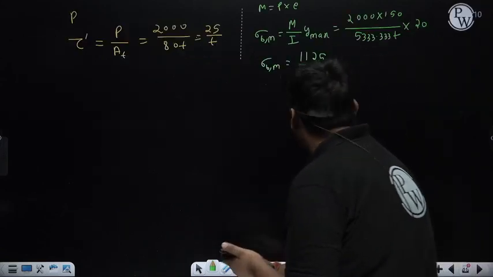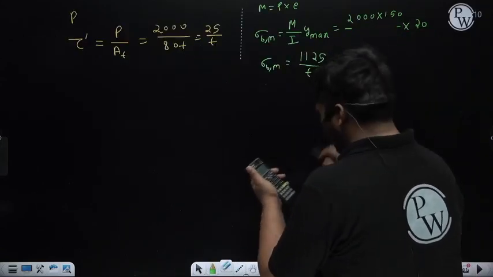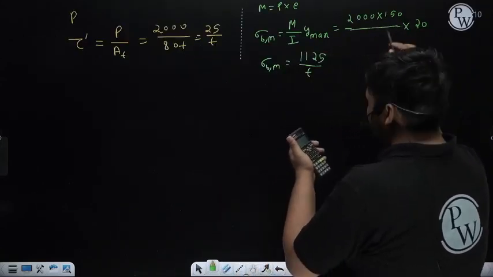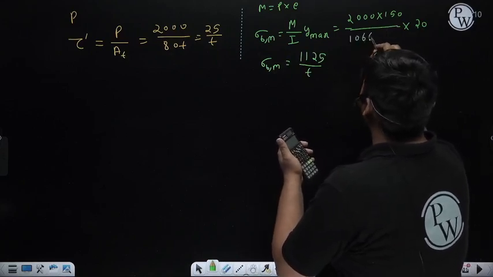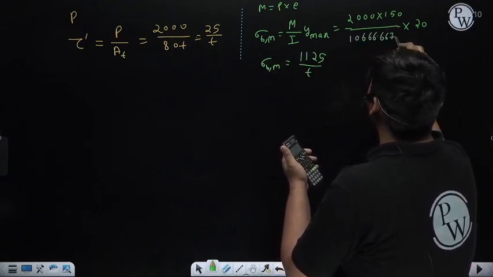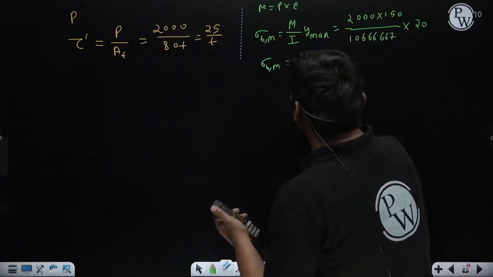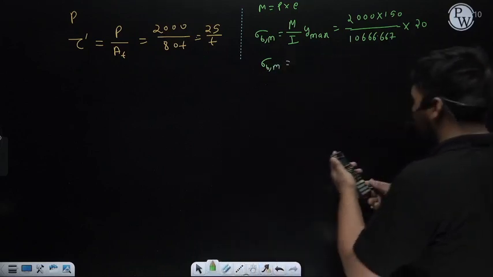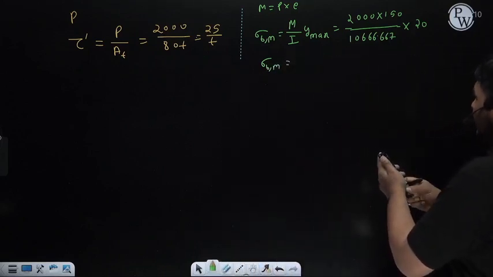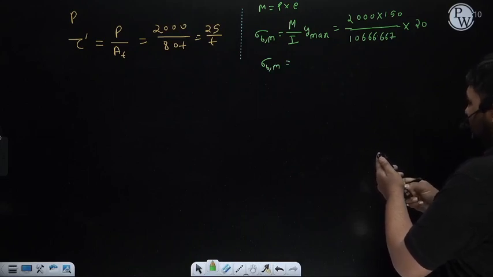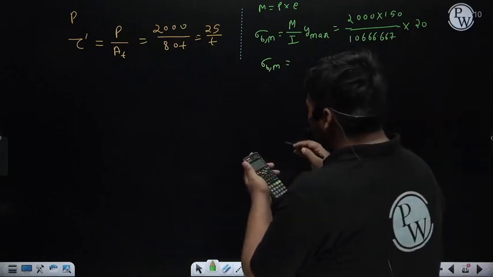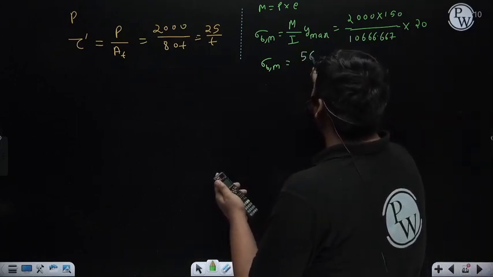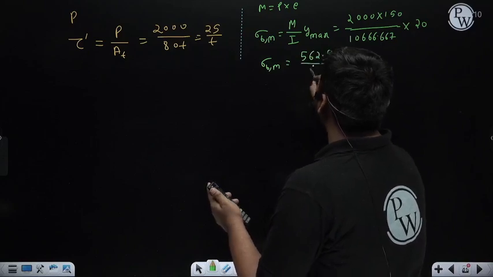So the value of I is not 5333.33 T, it is 10,666.667 T. So if we calculate the maximum bending stress at the critical point, it is 2000 into 150 divided by 10,666.667 into 20. It comes to 562.5 upon T.